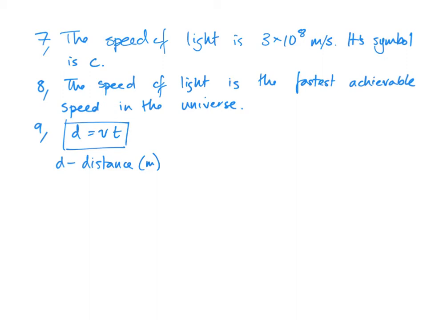For v, it stands for speed, believe it or not. It's from another word, velocity. We write the units usually as meters per second, m/s. And time, small t, should be in seconds. Now we'll do a couple of examples based on that.